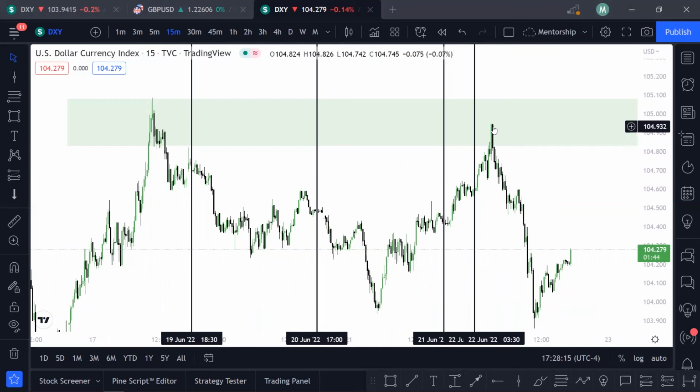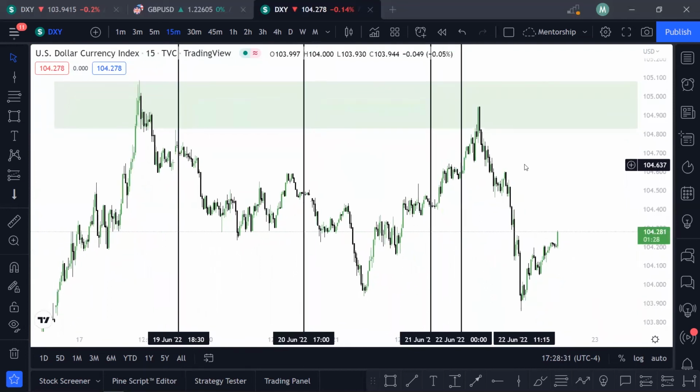This is 3 o'clock in the morning, 3 o'clock in the morning. Let's go ahead and look at the pound dollar this same day. The June 22nd, which is today. Let's look at how it behaved, or how did the dollar behave against all other currencies using this same strategy.